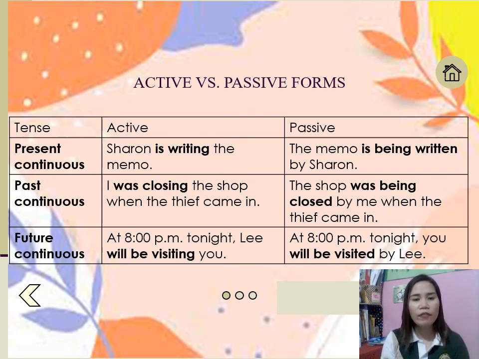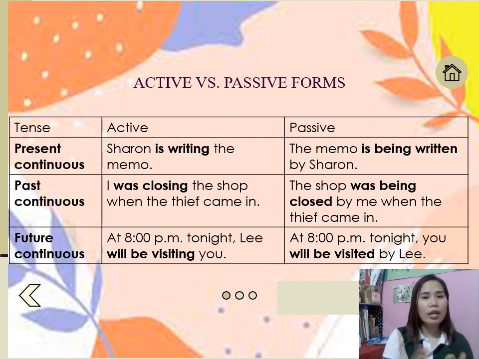If you have noticed, was, then you put being, then the past participle. It's the same as the present tense, just change the verb: is and are for present, was and were for past, and for the future, will be, and then the past participle.